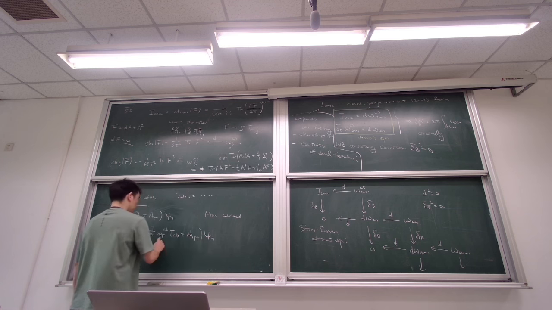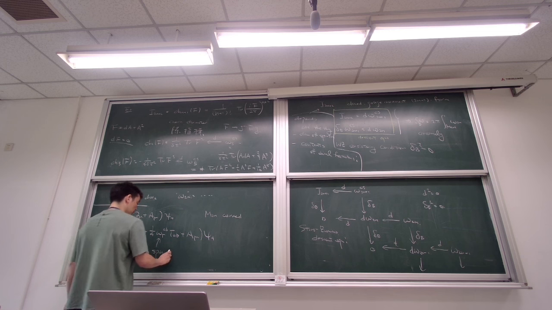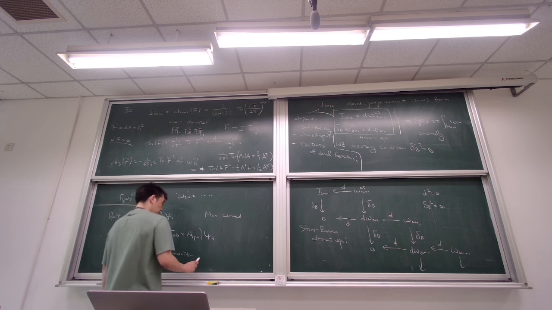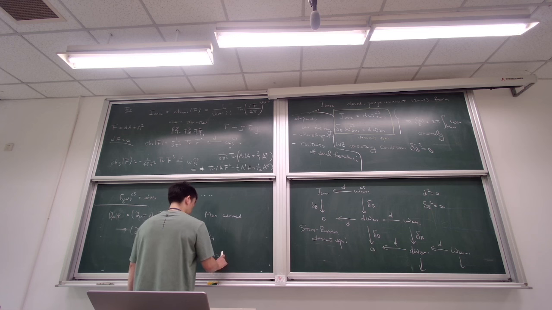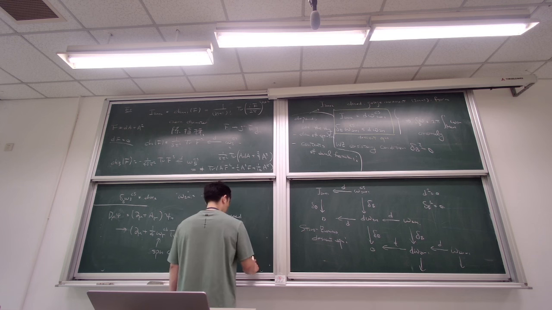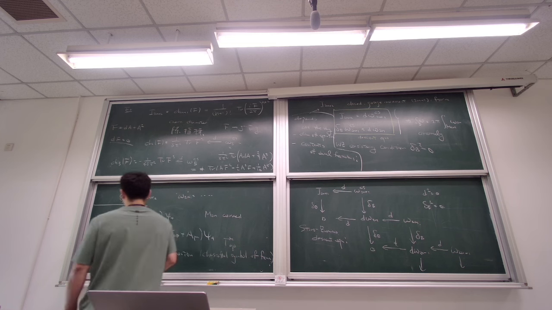This is called the spin connection. Essentially, this plays the role of the Christoffel symbol in the spinor bundle of the fermion.